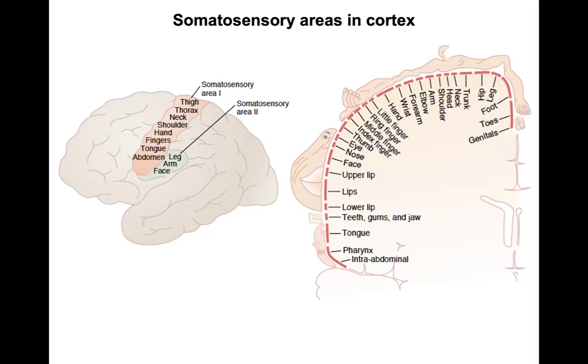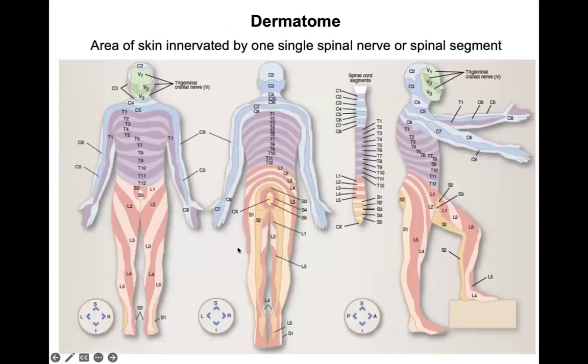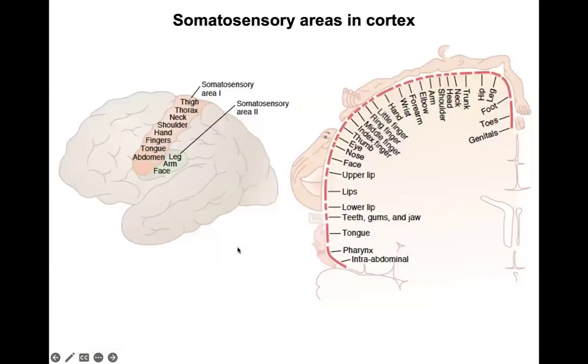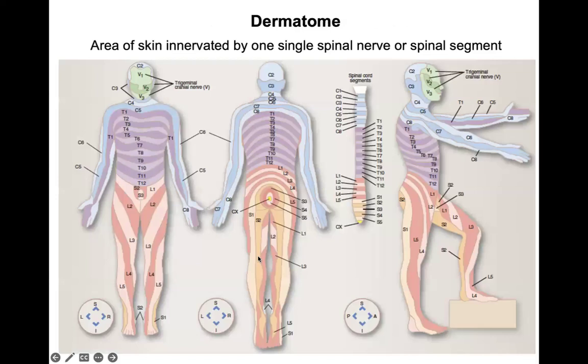So it shows that your fingers, your lips, your face have a lot of receptors, so they have to receive a lot of sensory information. So a large part of the brain is dedicated to those areas. Okay, very good.